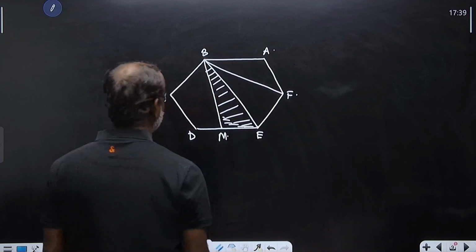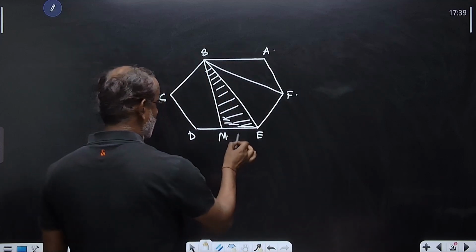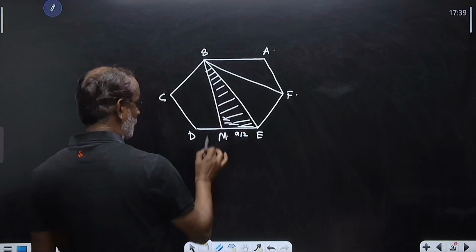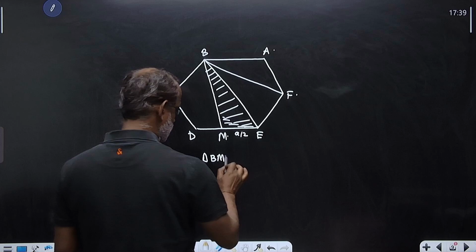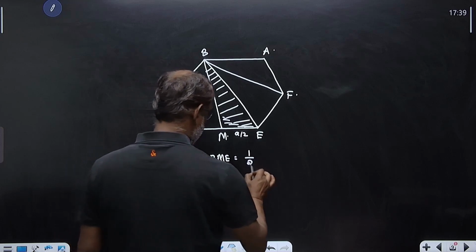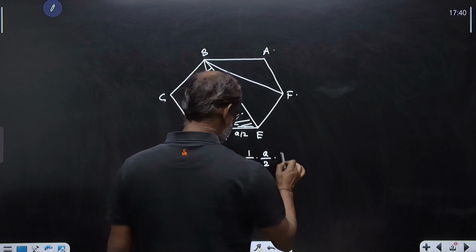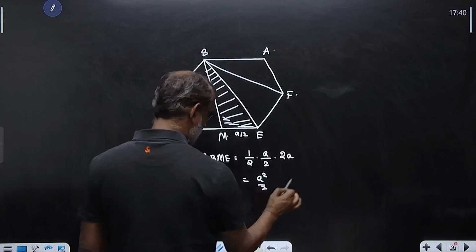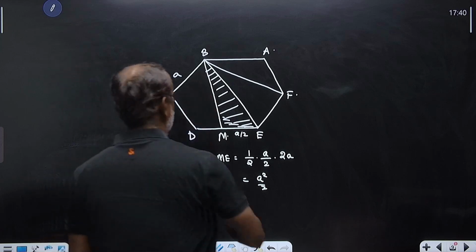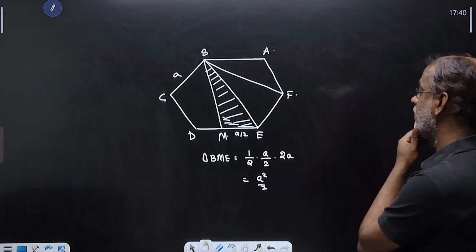So, what will be the height? The height is going to be 2. Area of triangle: suppose this side is A, this is A by 2, and the area of triangle BME is half, base is A by 2 and height is 2, A square by 2, if side is A. What is the area of triangle BAF?